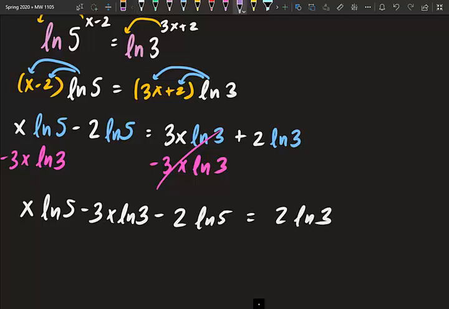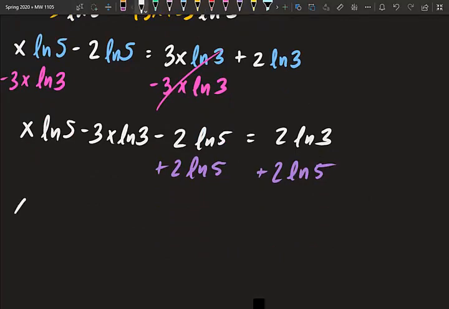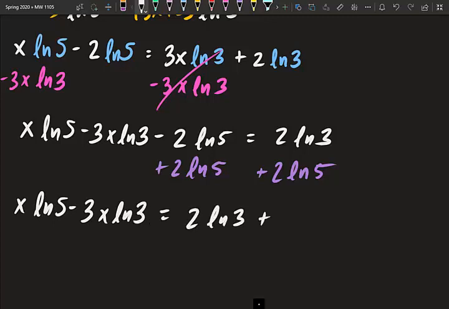This does not have a variable in it. Get rid of it. Move it to the other side. So we're going to add 2 ln 5, my bad. And when we do, on the left side, we have x ln 5 minus 3x ln 3 equals 2 ln 3 plus 2 ln 5. Take out the GCF.